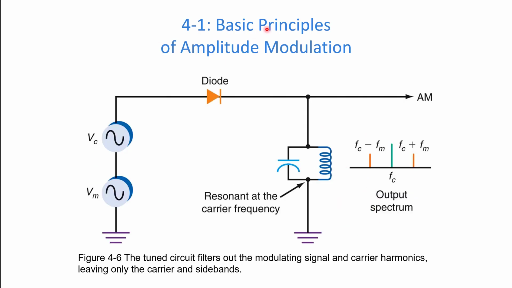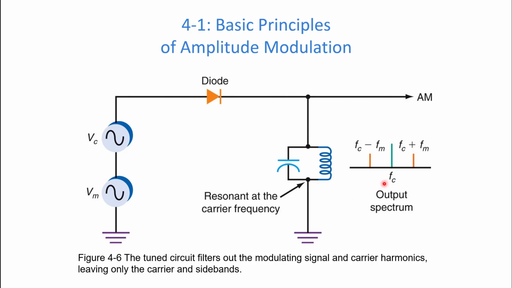How would you filter that out? Well, here's a possibility. We can put in a resonant frequency LC tank circuit. Notice that at low frequency, the inductor looks like a short, so any low frequency would be shorted through this path, because the capacitor will look like an open to that one.